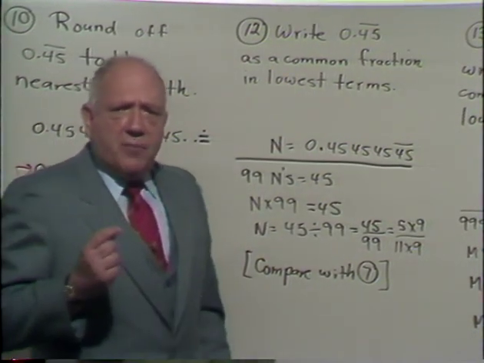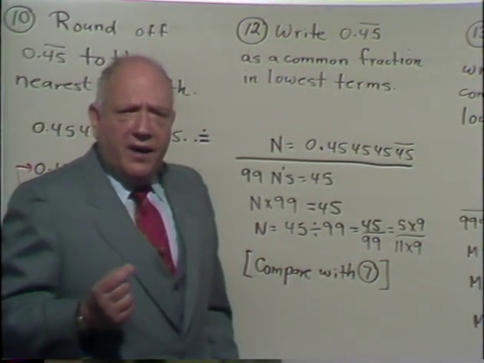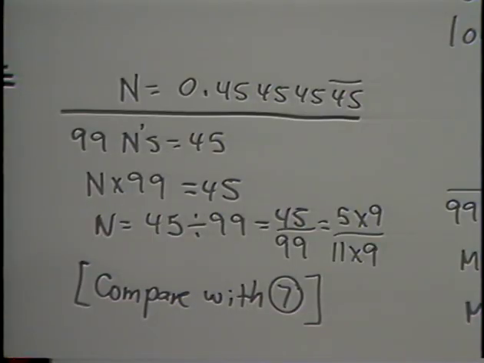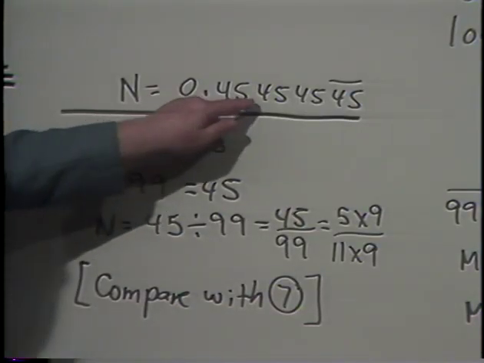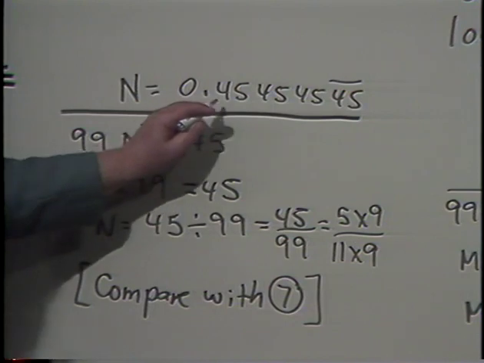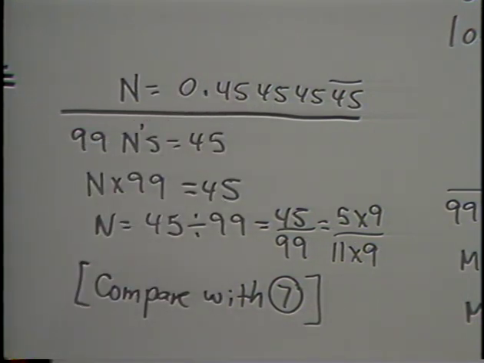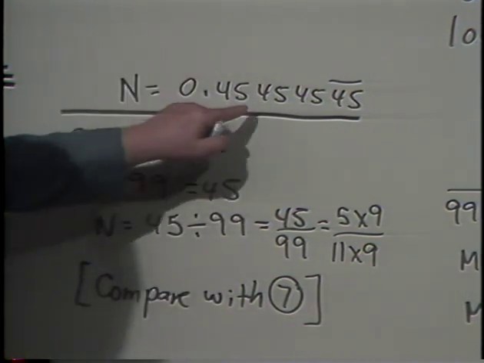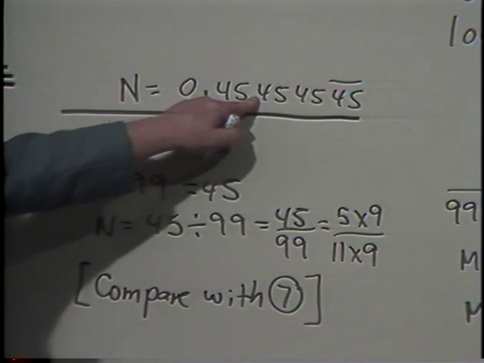However, if I subtract any number from itself, I get 0. So what I say to myself is, wait a second. If I move the decimal point 2 places to the right, see the repeating cycle is 2 digits? If I move the decimal point 2 places to the right, what number do I wind up with?